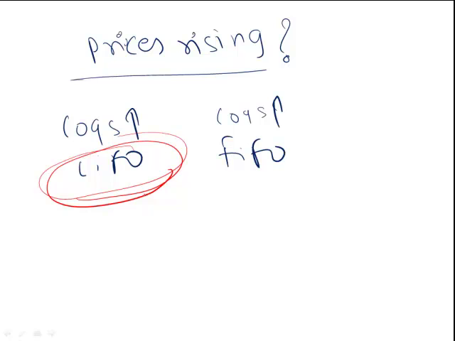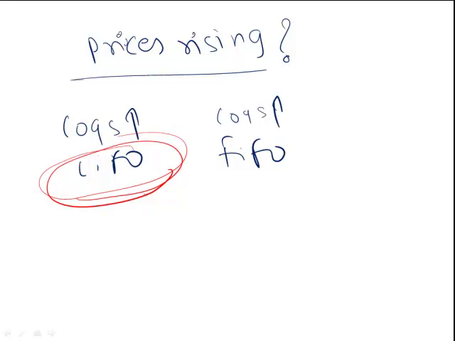It doesn't matter. Even if quantities are different, COGS is number of units into the price. When I am comparing FIFO and LIFO, assuming that I have sold the same quantity, let's say I have sold 20 units, those 20 units in LIFO would be used at higher prices, and in FIFO those would be used at lower prices.